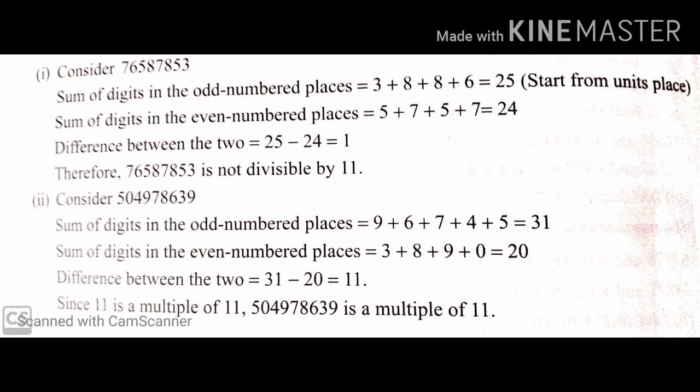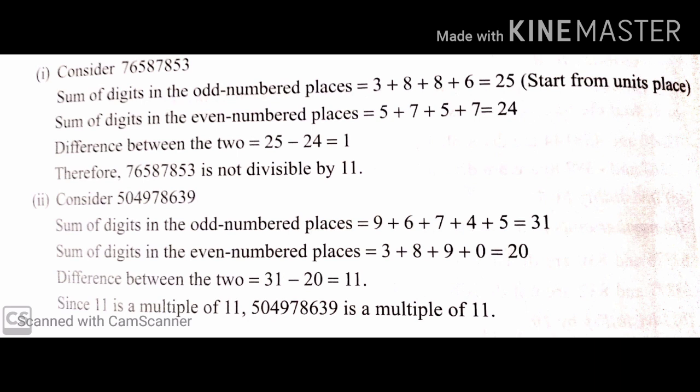Okay. Let's take some more examples. Consider a number 765,87,853. So sum of the digits in the odd numbered places is 25, and sum of the digits in the even numbered places is 24. So the difference between the two, 25 minus 24, we have 1, which is not divisible by 11, and so 765,87,853 is not divisible by 11.